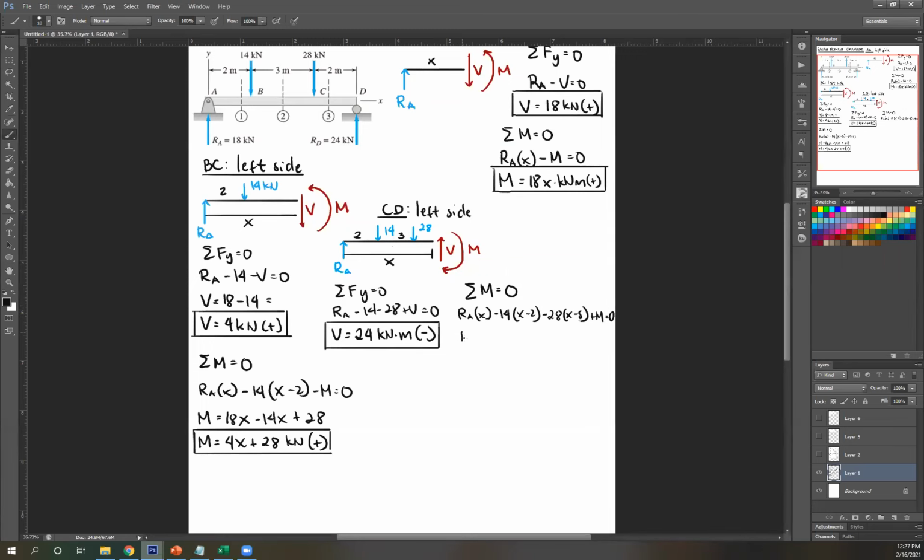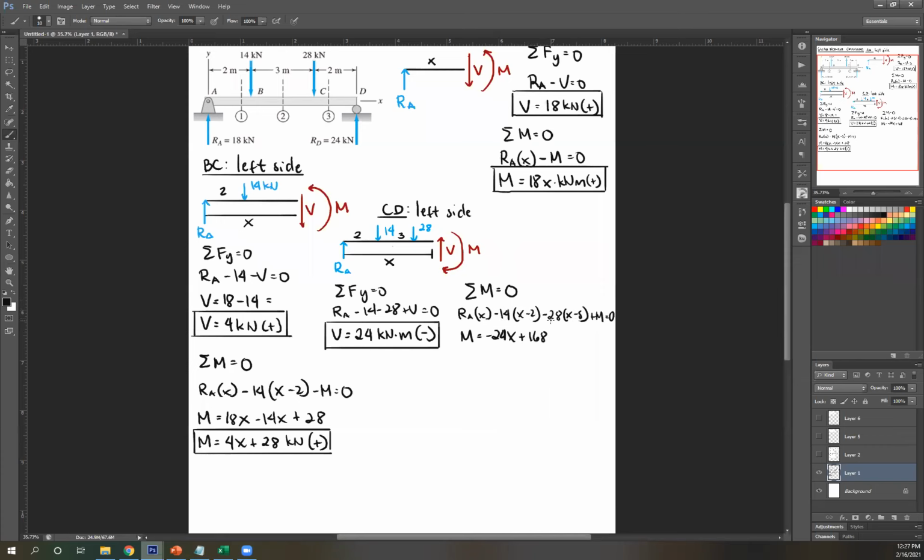Solving for M. M is equal to 18 times x, or A is 18, right? So 18 times x minus 14x minus 28x. So that is negative 24x. And then 14 times 2, 28, positive 28, plus 28 times 5, that is 168.